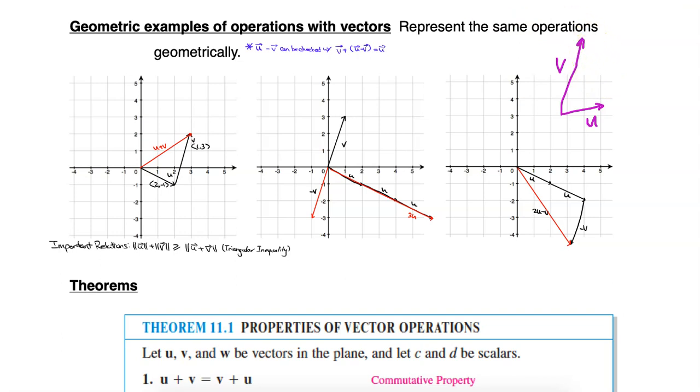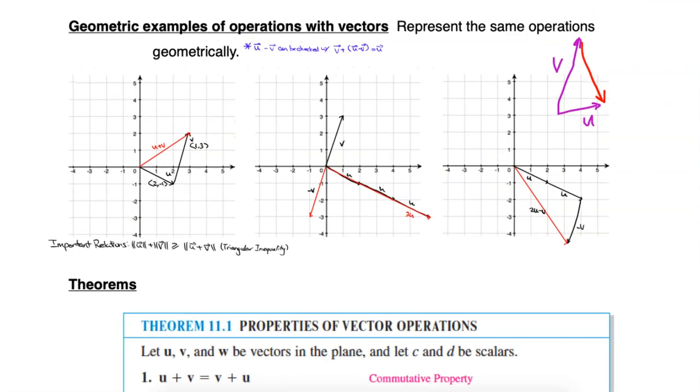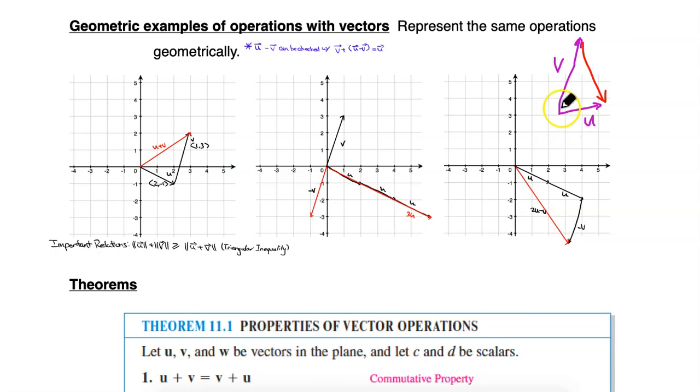Let me just change colors. This is u minus v. So that might seem surprising. We can confirm that by thinking if I do v plus u minus v, I'm going to get vector u, as we saw earlier. So this is u minus v. So it goes from the head of v to the head of u.